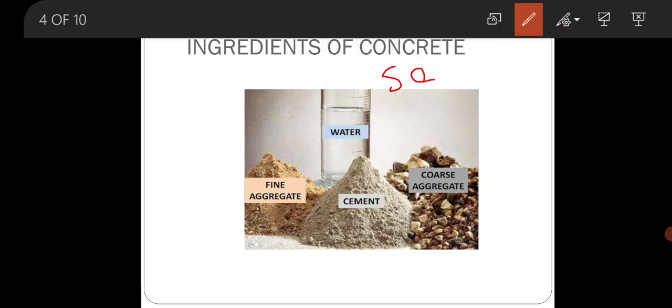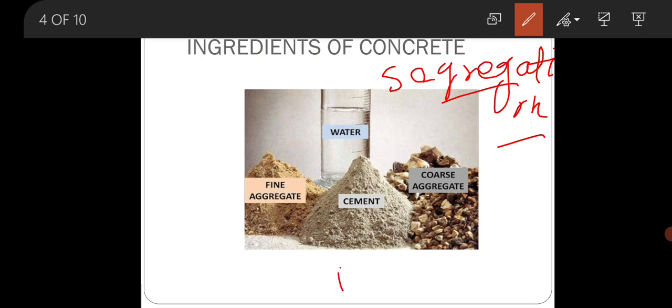So, what is segregation? Segregation means separation of cement paste and separation of coarse aggregate. And second term is bleeding. Bleeding refers to the separation of cement paste from the main mass.